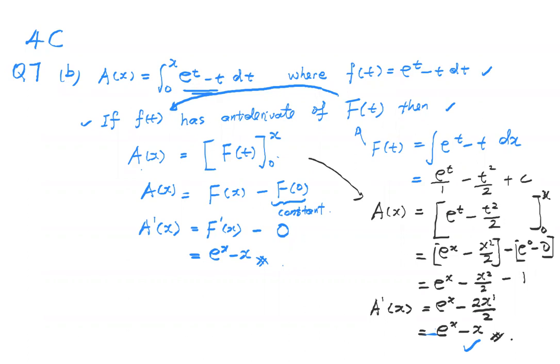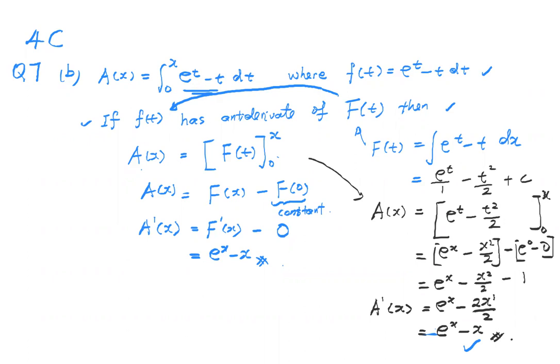Are you clear? Okay, so this is under the theory of the fundamental theorem. That's why they say fundamental theorem of calculus. Then they write down there in the textbook, F(2) is a constant.